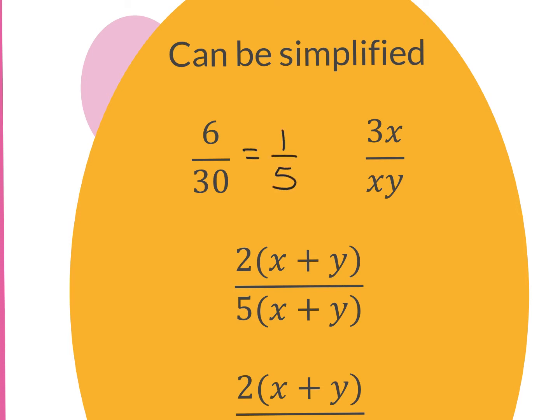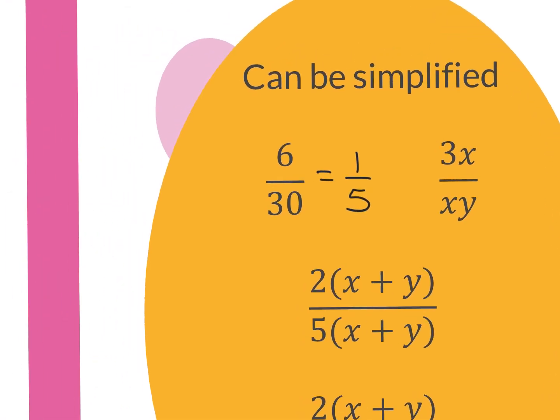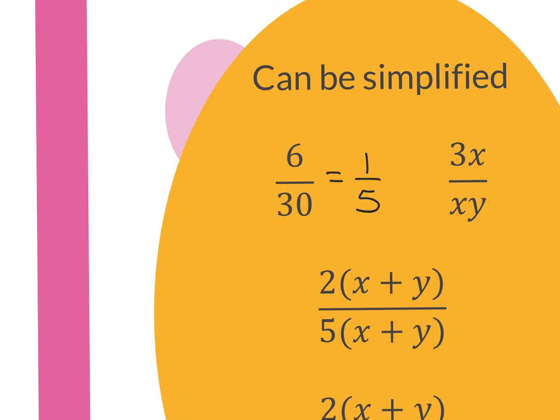Now, what we're going to be doing with the polynomials is we're going to need to factor them. So another way that I could have simplified this fraction, and honestly, I don't need to do this when it's a simple fraction, is to do the factor tree, the prime factorization. So the prime factors of 6 would be 2 times 3, and then 30 are going to be 2 times 3 times 5.